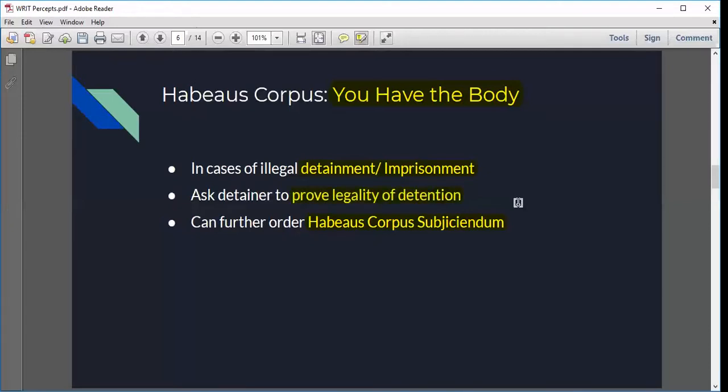In this case, the government of Jammu and Kashmir has detained some persons, and if the court issues the writ of habeas corpus, the government will have to present itself before the court and prove whether the detention it has done is legal or not legal.